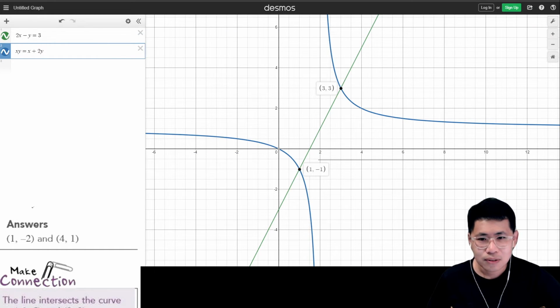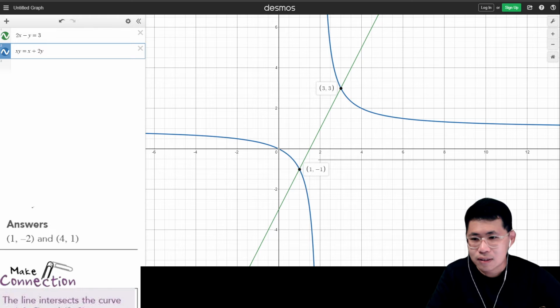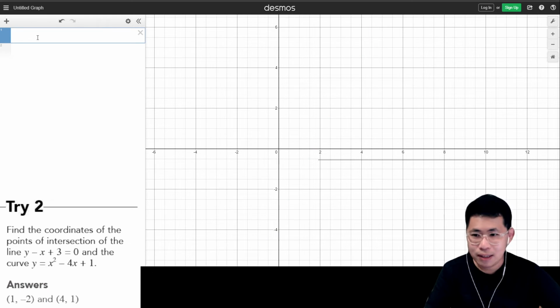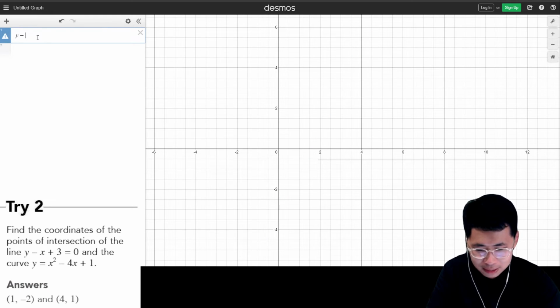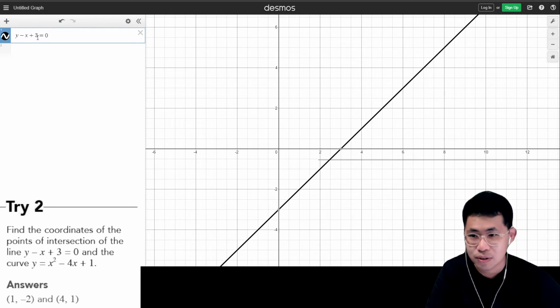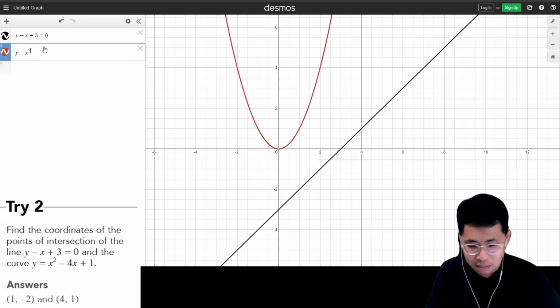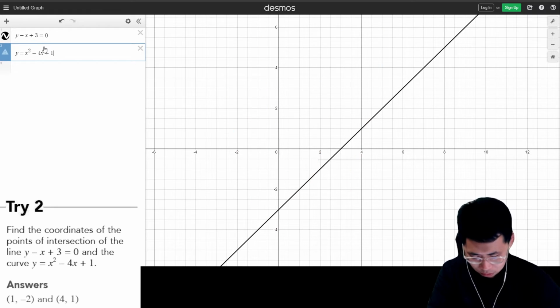Alright, over here we have our two equations again. Let me type in y minus x plus 3 equals 0, my first line. My second line would be y equals x squared minus 4x plus 1.